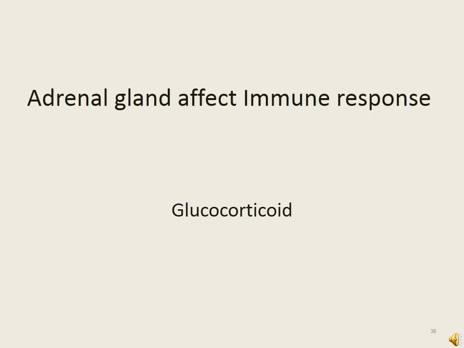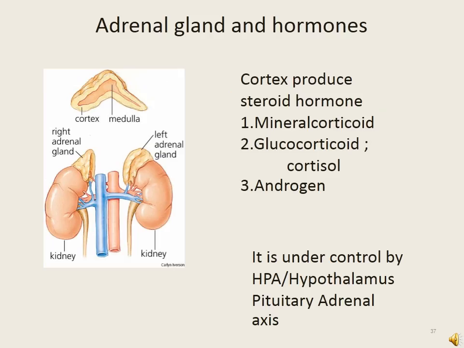For the effect of the adrenal gland or its hormone on the immune response, I will discuss just only the glucocorticoid. This slide is a figure showing the adrenal gland and their hormones. Okay, briefly summarizing the hormones produced from the adrenal gland: the mineralocorticoid, the glucocorticoid, cortisol, and androgen.